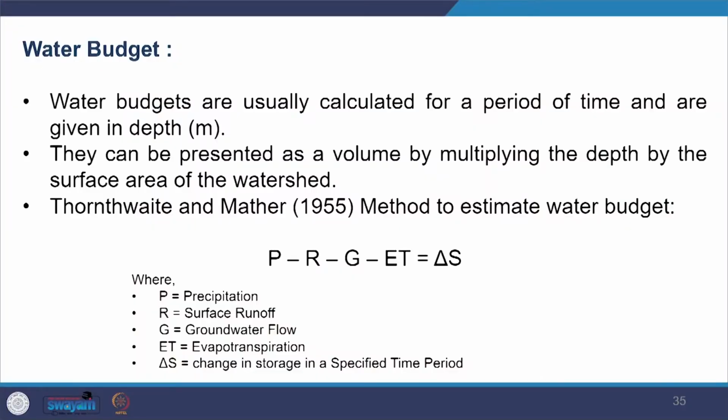A commonly used method to estimate water budget is given by Thornthwaite and Mather, which is precipitation, subtracting surface runoff, subtracting groundwater flow, subtracting evapotranspiration, which gives the change in storage in a specified time period.